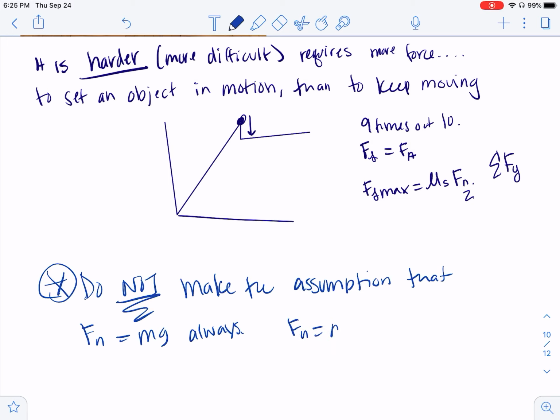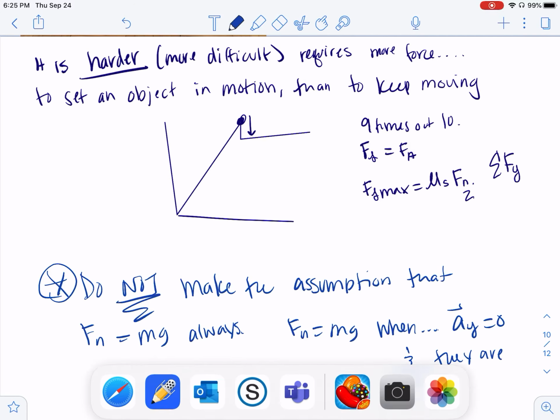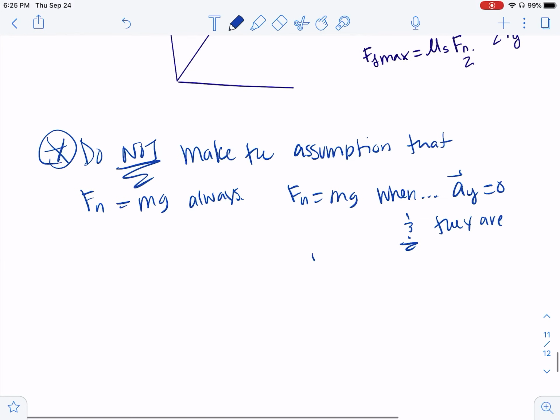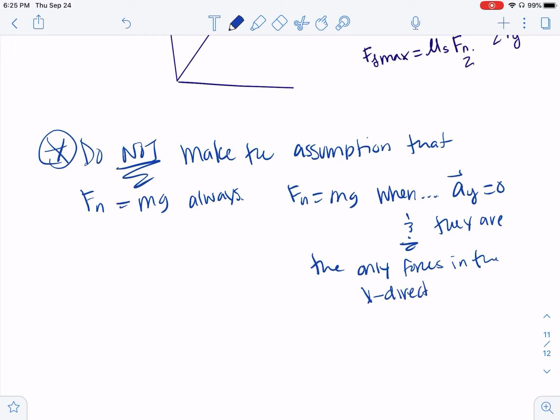Fn equals mg when a in the y direction equals 0 and they are the only two forces in the y direction. Otherwise, that is not the case. So make sure that you are always fully calculating what your force normal is.